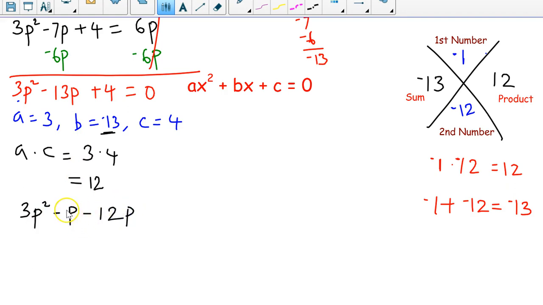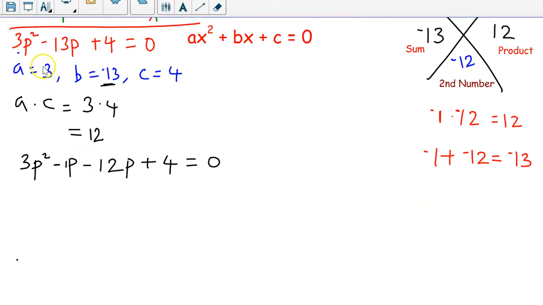So minus p, that's 1p, minus 12p gives you minus 13p. And next I have plus 4. So let me write down plus 4, and on the right hand side, it is a 0. So this quadratic 3p square minus 13p plus 4 equal to 0 is extended into 4 terms in order to factorize, to find factors.